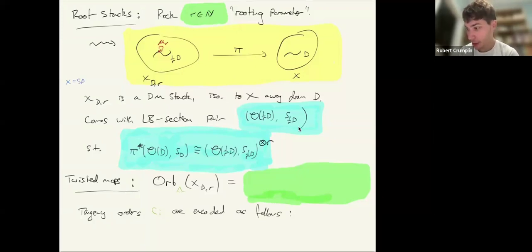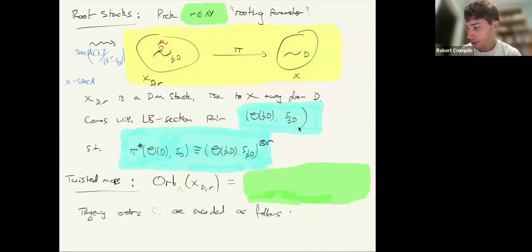So if X is Spec A, the local model of X_{D,R} is where you take Spec of A adjoin some new variable T, quotiented by the relation T^R minus S_D. S_D is the section cutting out the divisor, which is just an element of A.